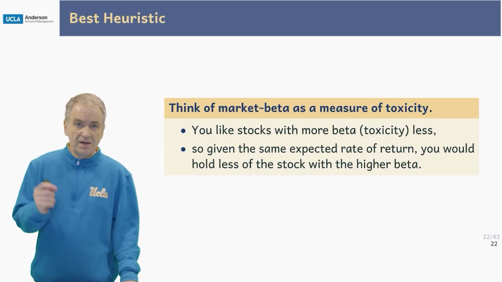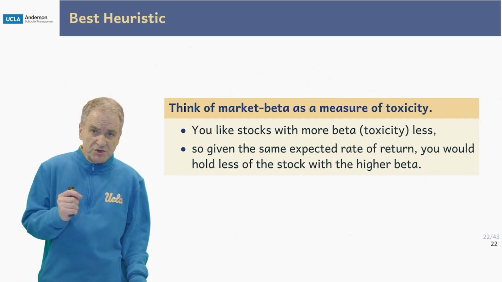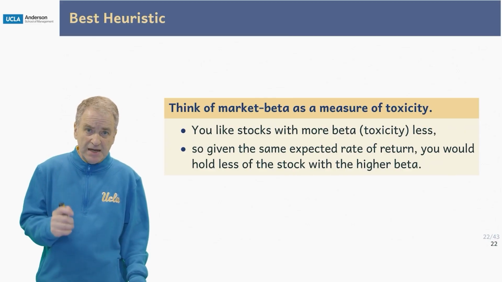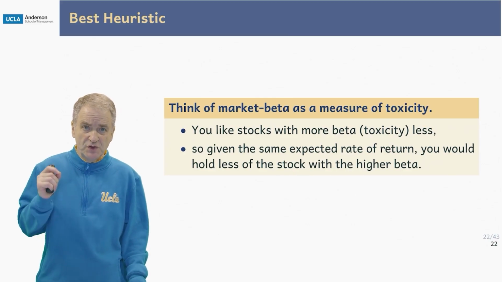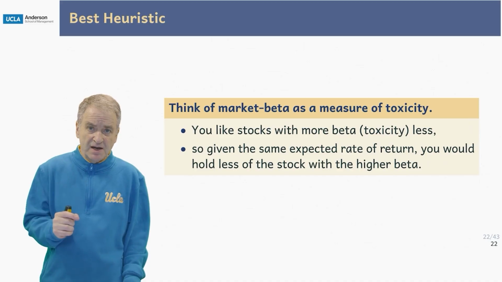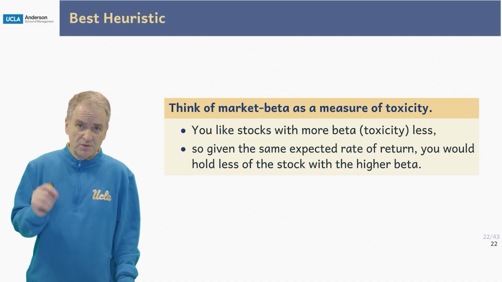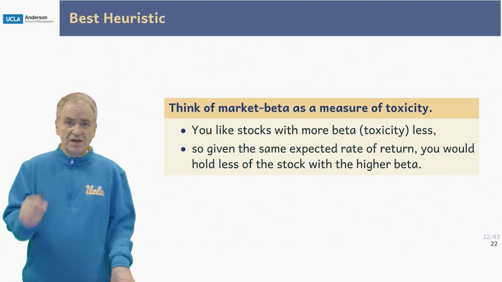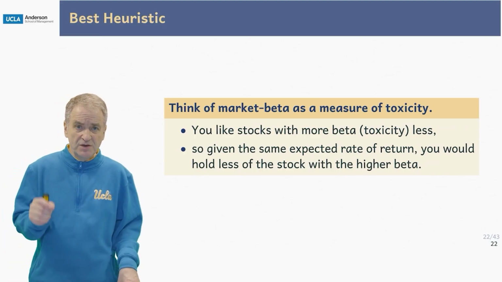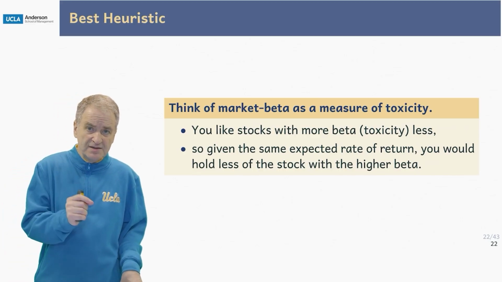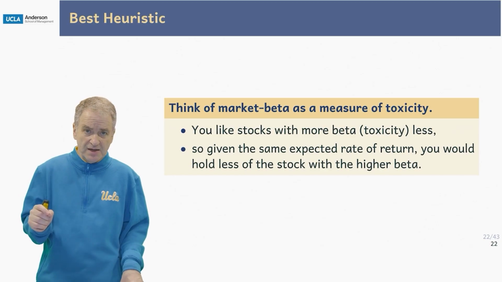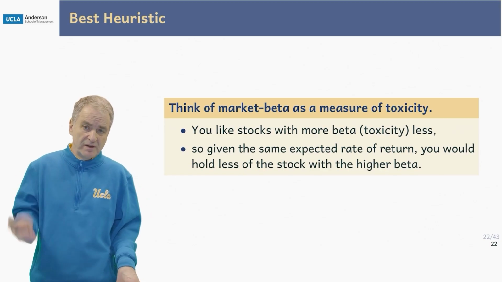Think of beta as a measure of toxicity. You like stocks with more toxicity less. You like stocks with more beta less. So given the same expected rate of return, you would hold less of the stock with higher beta and more of the stock with lower beta.